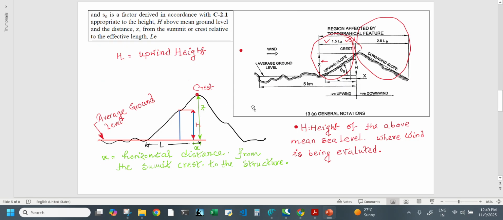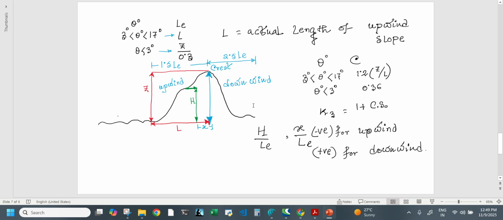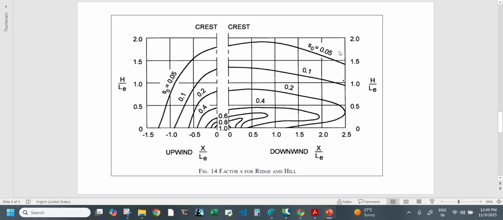So to know S0, actually the S0 is the function of x by LE and h by LE. We have to know the x by LE and h by LE value, and from this graph we get to know this.